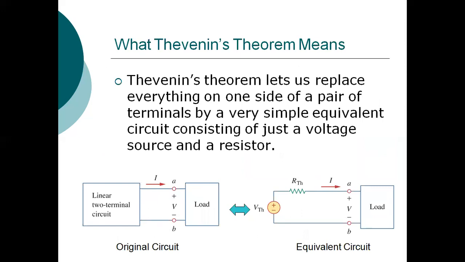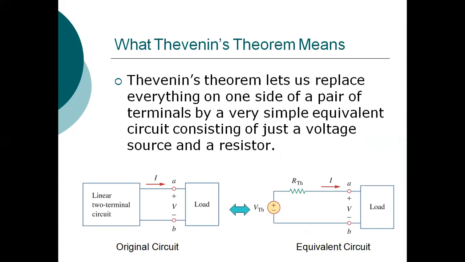Now, what does Thevenin's theorem mean? Thevenin's theorem lets us replace everything on one side of a pair of terminals by a very simple equivalent circuit consisting of just a voltage source and a resistor.